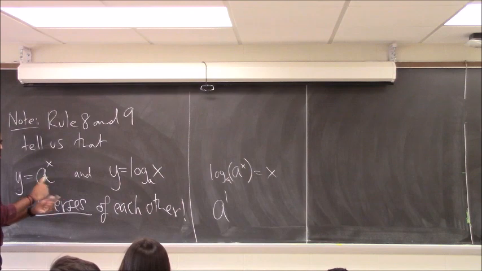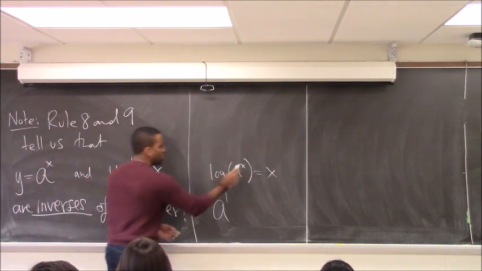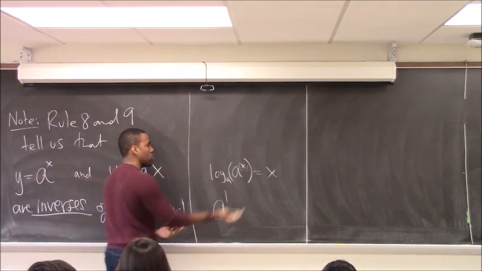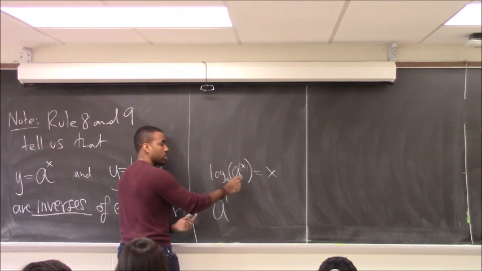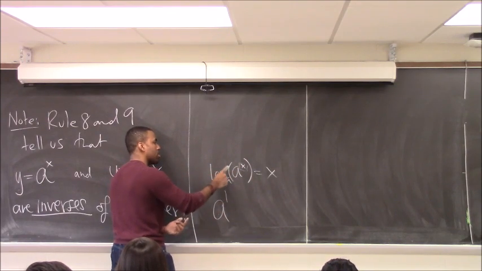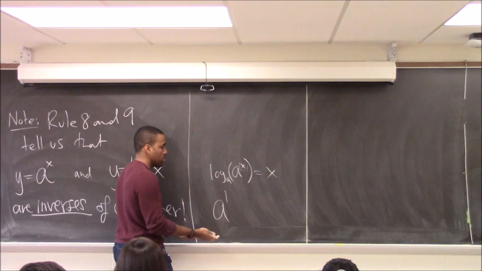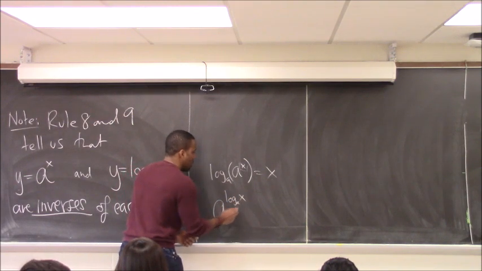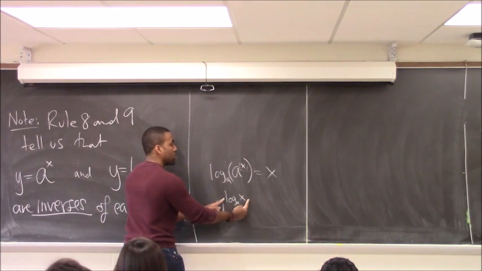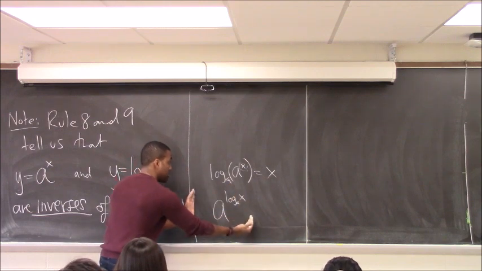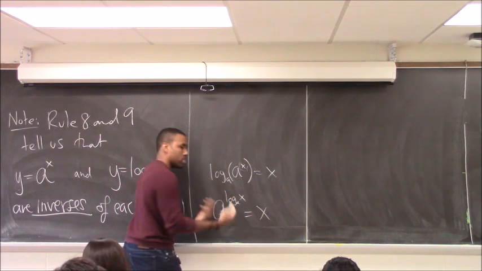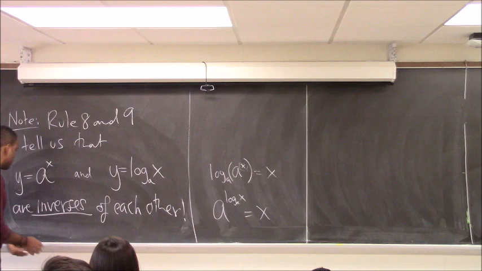Notice that when I plugged one into the other, the result was the original input. I took x, plugged it into an exponential function, took that and plugged it into a logarithm, and the log just gave back the original input. Also, if I took x, plugged it into a log function, and then plugged that result into an exponential function, the result is the original input. They're inverses of each other.